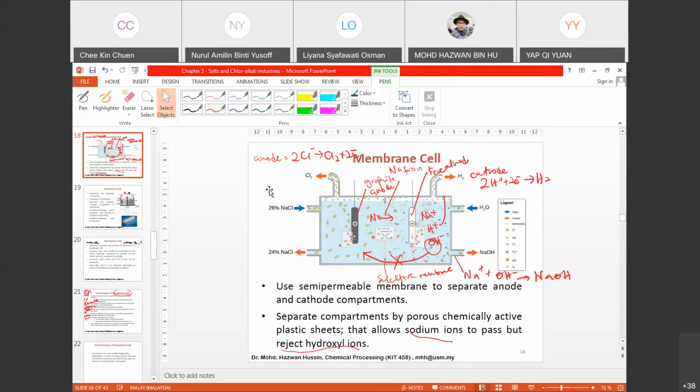This is part of the challenge of using a membrane cell as compared to a diaphragm cell, which is less easy to clog.